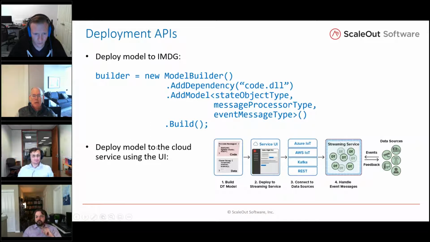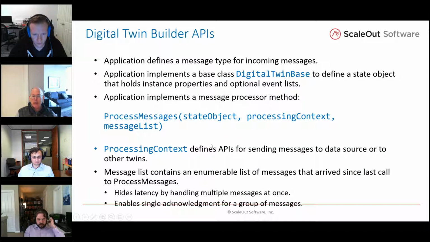But the more usual deployment is to the cloud service, and that's done by using the API or the UI, and giving it a zip file which zips up this code that's described here and all its dependencies. And there's one extra file that we require for the model, called a model.json file, and it just has 4 fields which allow the runtime to find the various types that are used by the model when they're executed within the grid.